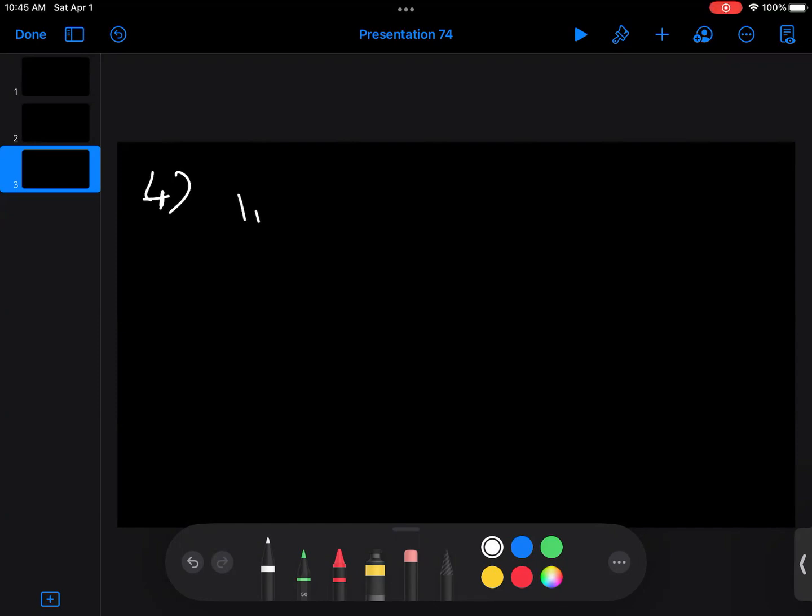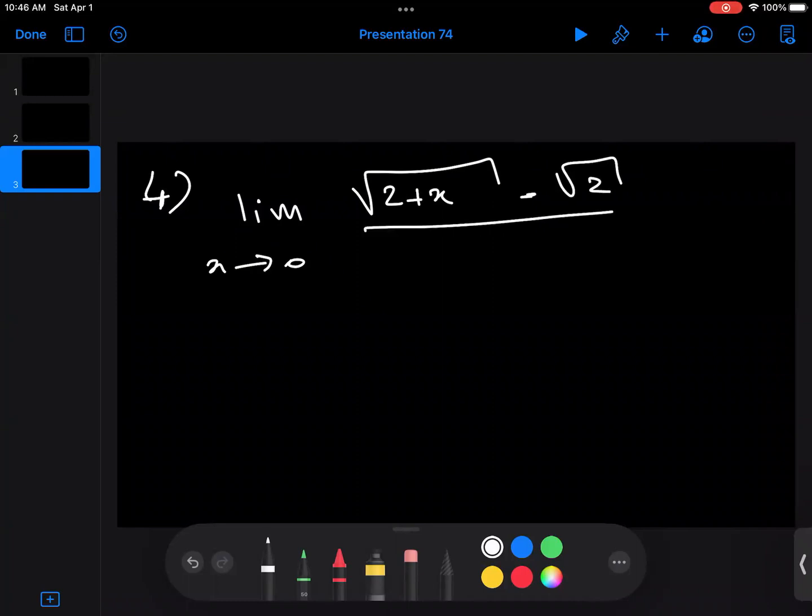Let's say that I want to compute the limit as x converges to 0 of the square root of 2 plus x minus square root of 2, divided by x. If I look at the numerator, when x equals 0, this quantity is square root of 2, and if I take square root of 2 from square root of 2, I obtain 0.